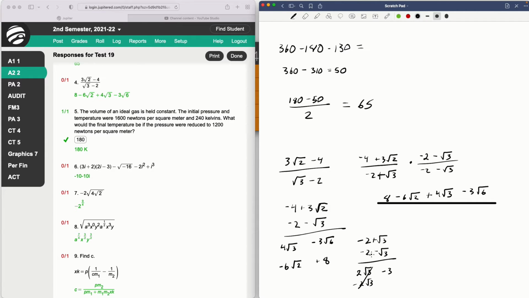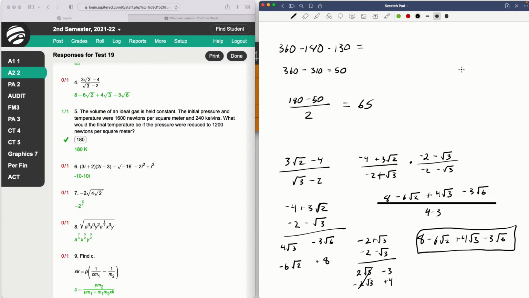They cancel each other out. Negative 2 times negative 2 is a positive 4. So that gives me 4 minus 3, which equals 1, right? So all of this over 1. Anything over 1 is a whole number. So the answer is just 8 minus 6 times the square root of 2 plus 4 times the square root of 3 minus 3 times the square root of 6. So that's your final answer.